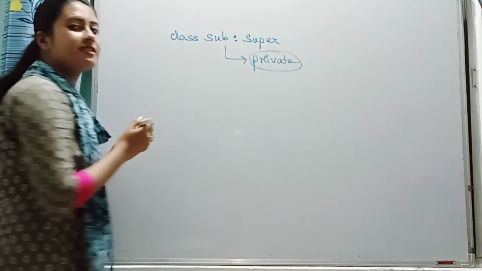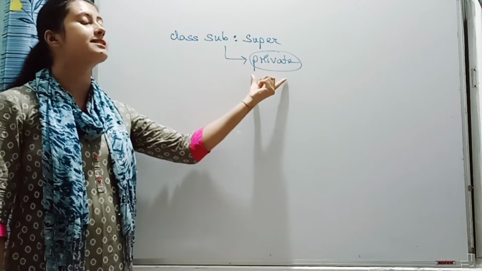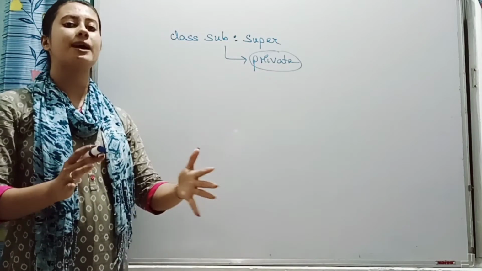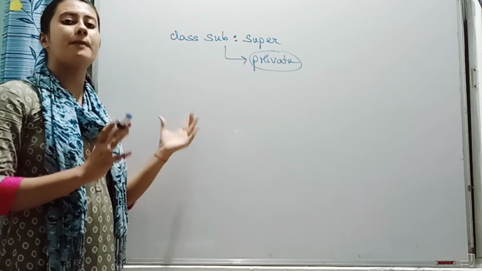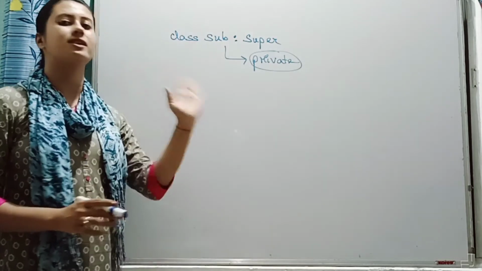When a class is derived privately, what happens? The protected and the public members become private, and the private members are not accessible.